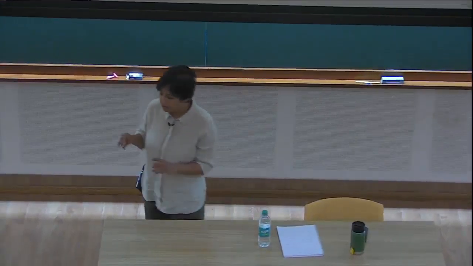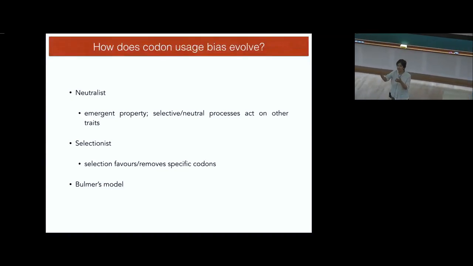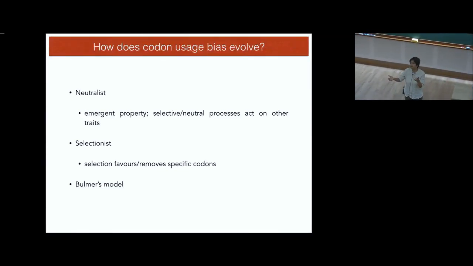So the general intuition is if translation rate is limiting, and basically what is translation rate? That you want to produce X amount of protein per unit time, right, for a growing cell to be able to grow properly. So selection is acting on the ability to produce a large amount of protein in a short time.